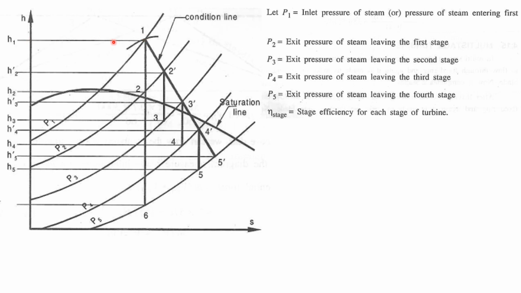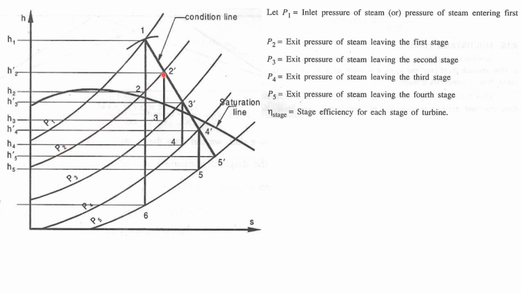Now when the steam enters the turbine, the pressure is P1. So corresponding to P1, we can draw an isobar, or the constant pressure line, in the HS diagram like this curved line.